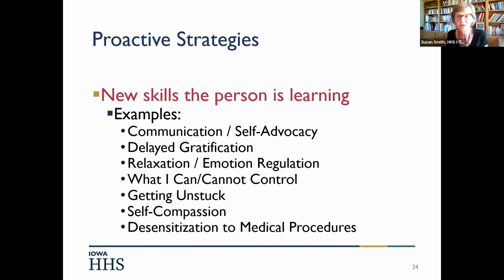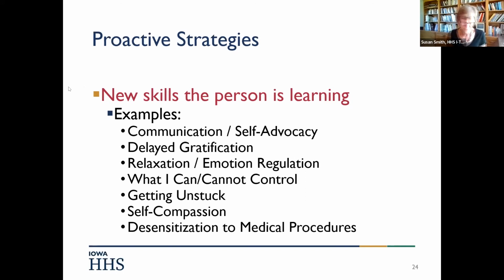If they are scared to go to the doctor and they cannot tolerate something like an X-ray or some sort of procedure, that's going to have an influence on their health throughout their life. So desensitizing to it early on, even as a proactive strategy, is really important. And sometimes we don't address that until there is a medical issue, and then the person can't tolerate the procedure.